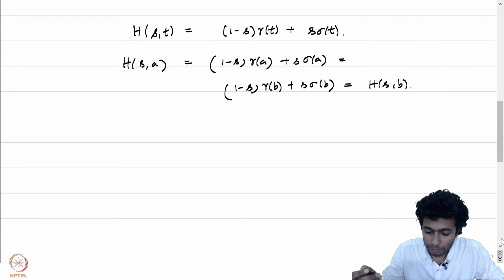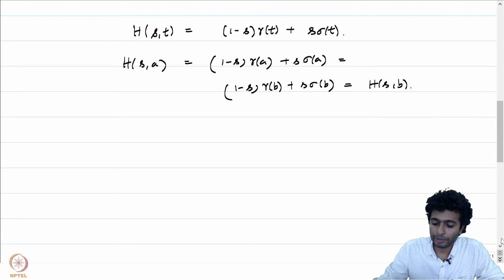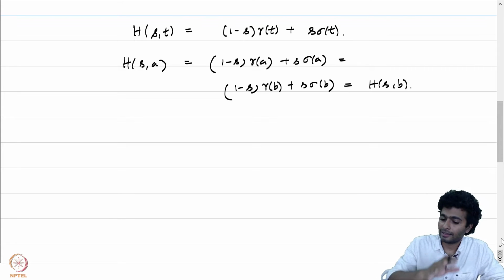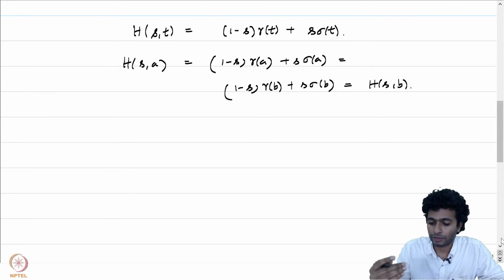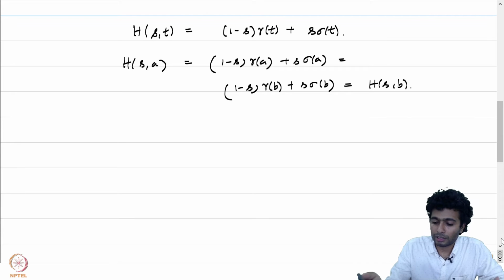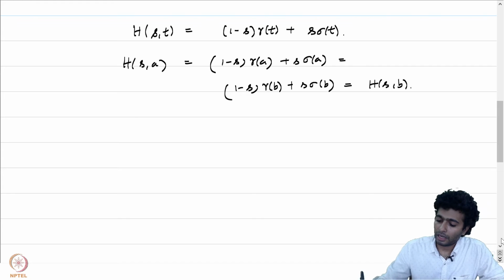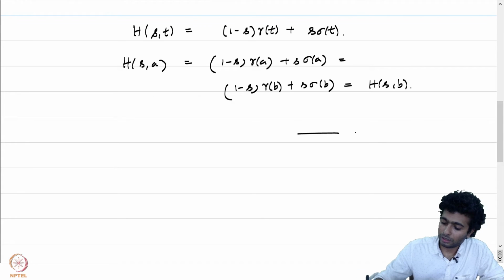H of 0 comma t will just turn out to be equal to gamma of t, and H of 1 comma t is just going to be equal to sigma of t. So I gave an entire proof of the fact that H is indeed a homotopy as closed curves from gamma to sigma. And with this we conclude the problem.